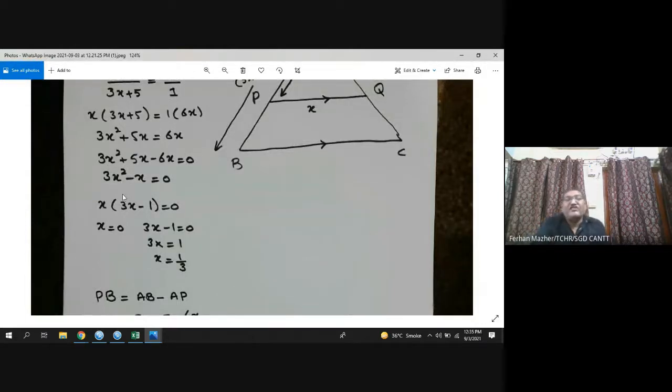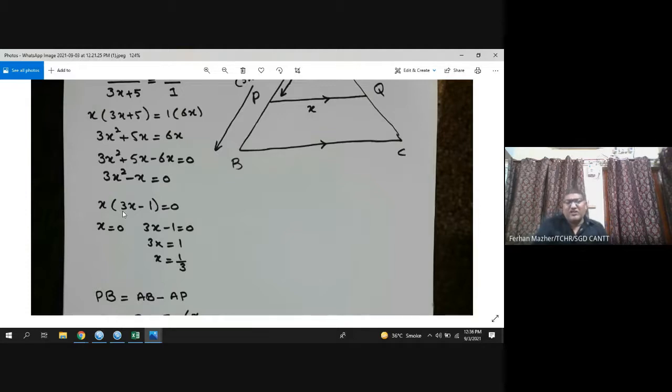Its sign will change, so we have 3x squared plus 5x minus 6x equals 0. 5x minus 6x gives minus x, so 3x squared minus x equals 0. Take x common, so you will have x times 3x minus 1 equals 0, because the x and this bracket are multiplying and their answer is 0.